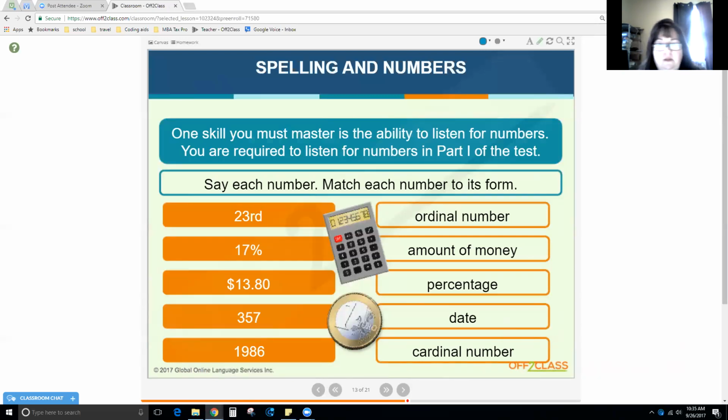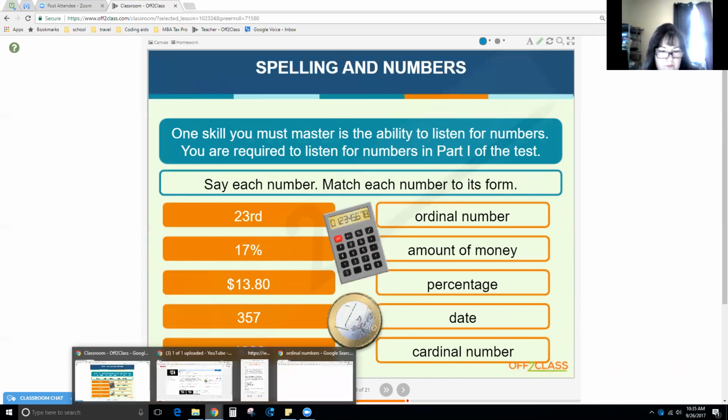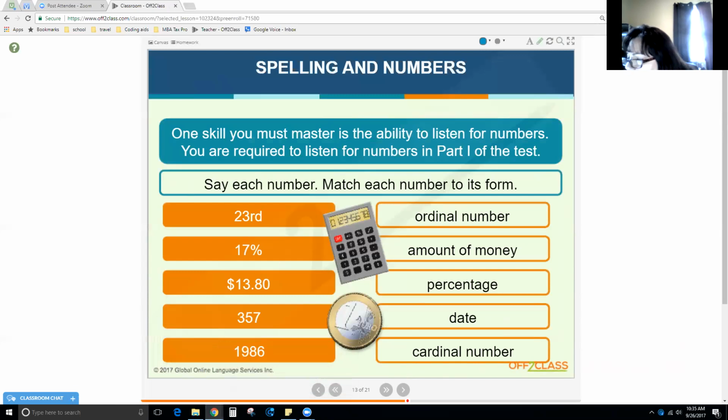Actually, I probably have the note. Okay, it is an ordinal number, so that's correct. I forgot I have notes. Okay, so 23rd is an ordinal number.